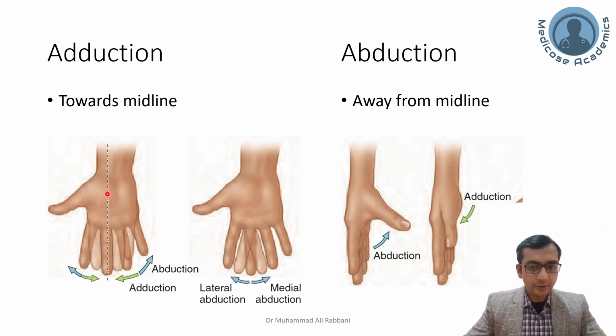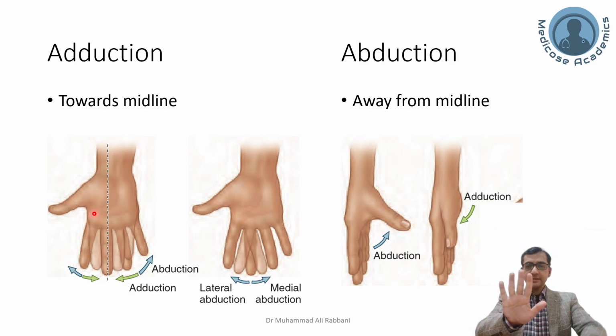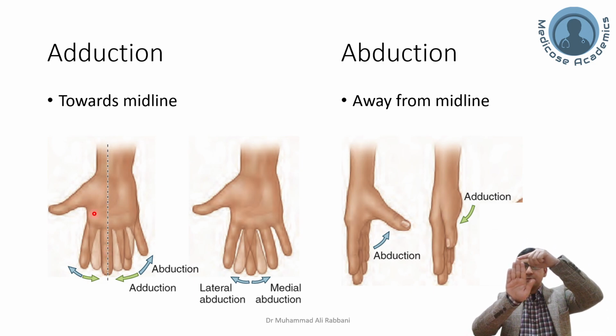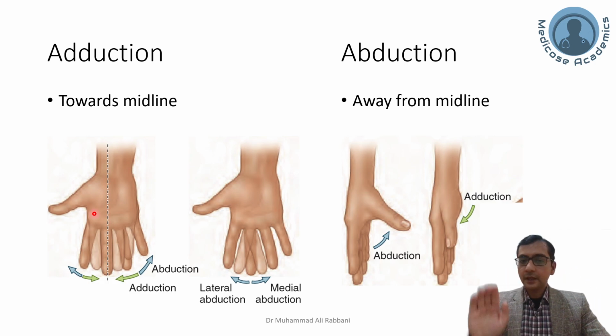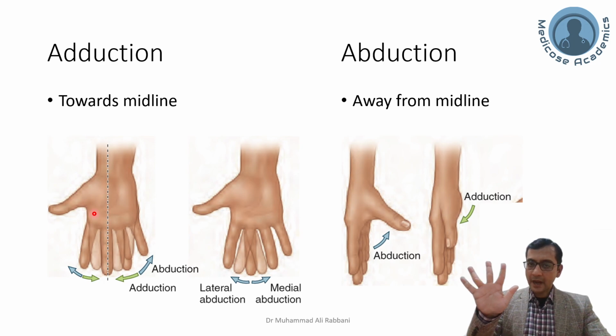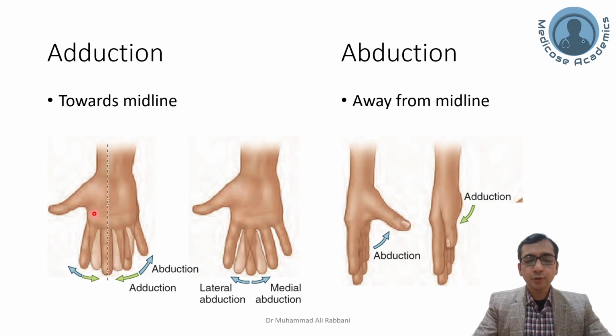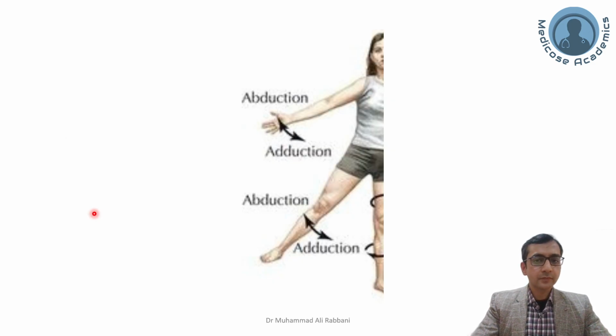So this is the midline of the hand. All the fingers moving away from this midline will be abduction. All the fingers moving towards it will be adduction. The same will be with the toes of the foot. In that, you take the midline from the second toe.